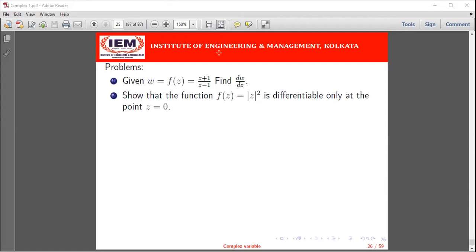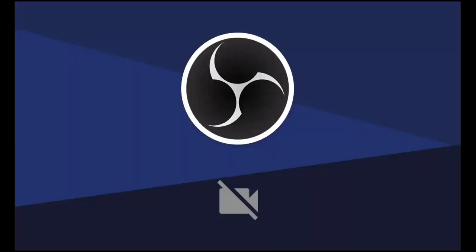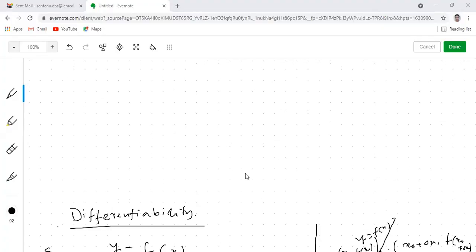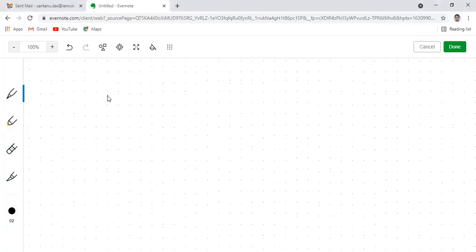Then I'll be discussing one more term here, that is called the analytic function.